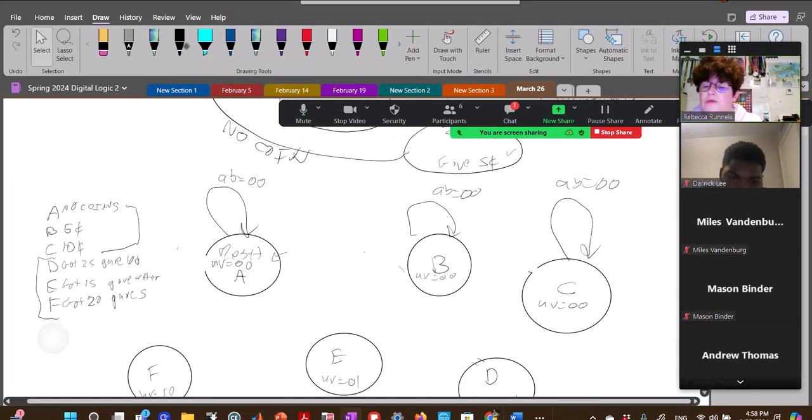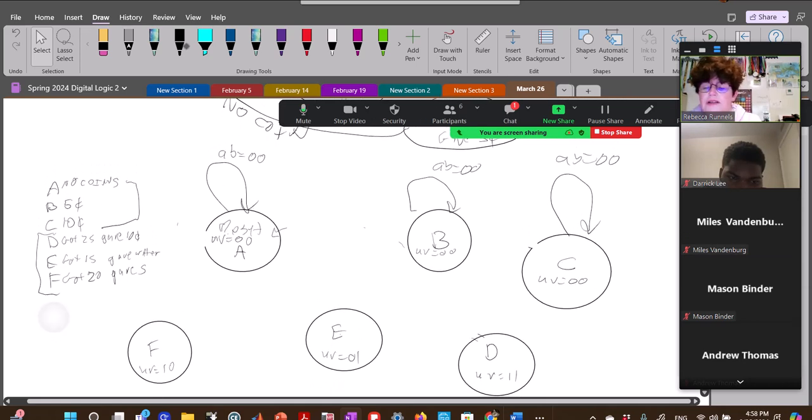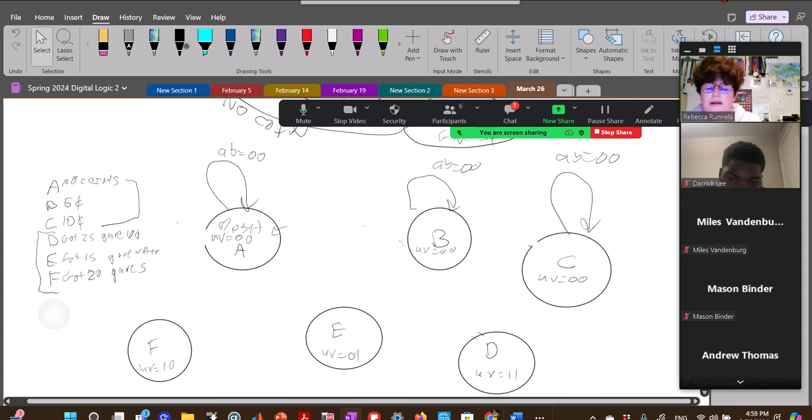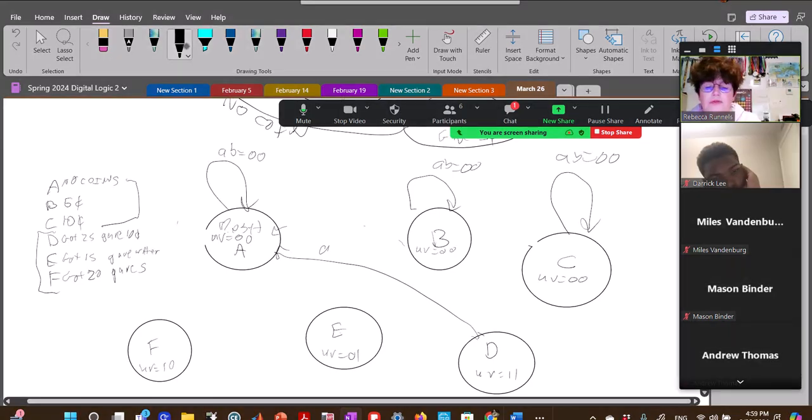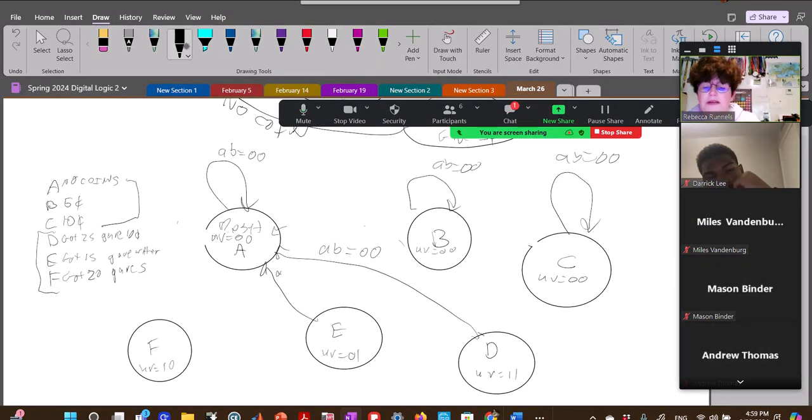Now D was, you had 25 cents, so you already dispensed the water, you gave away your change. You don't want to do that again, so you'll go back to reset. So AB equals 0, 0. E, same thing, AB equals 0, 0. And F, AB equals 0, 0.